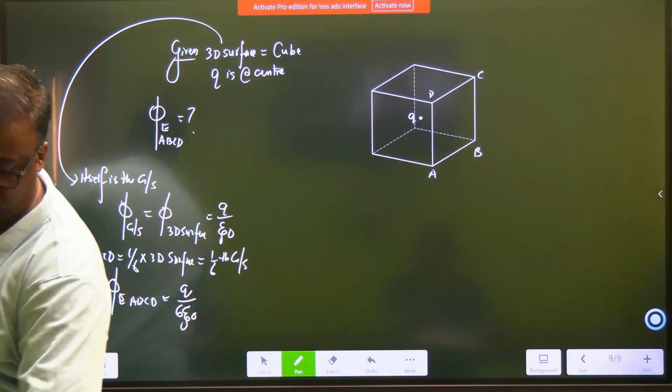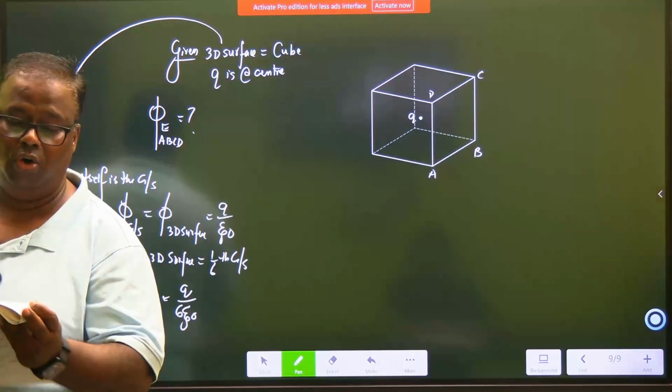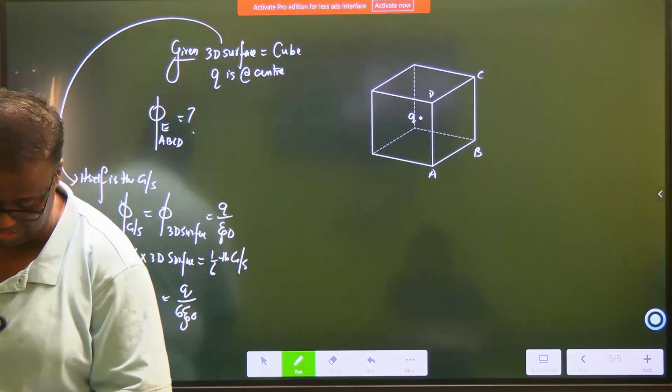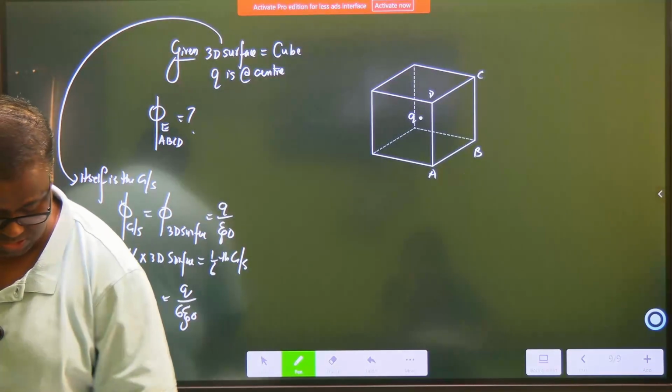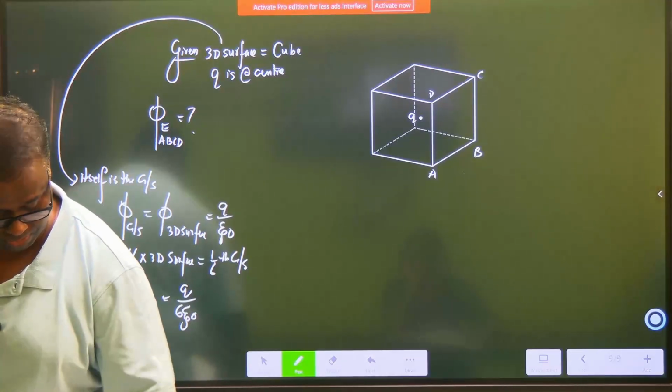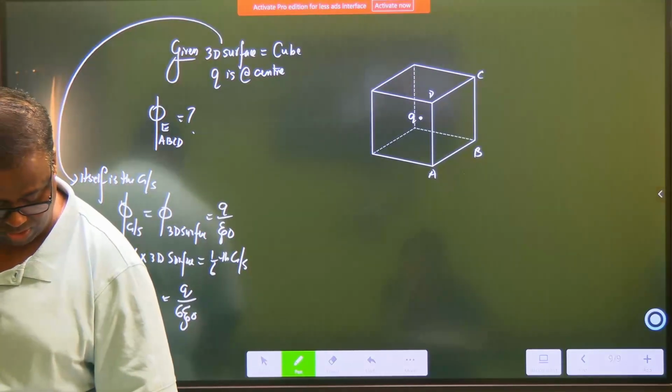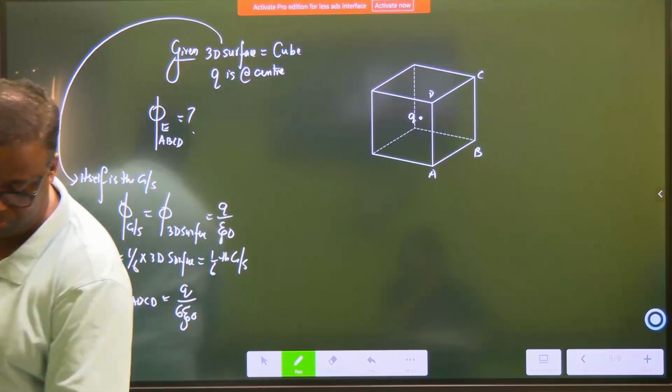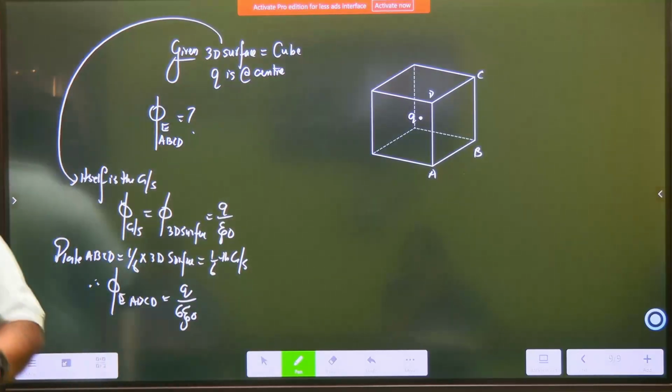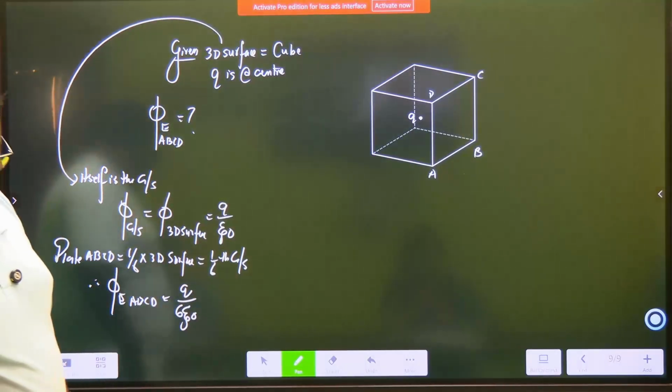We have nothing more to do in this chapter. All done. Now what we are left with is you should do problems. Can you take one problem and try to do this at home? One problem I'm giving you, and your problem is like this.